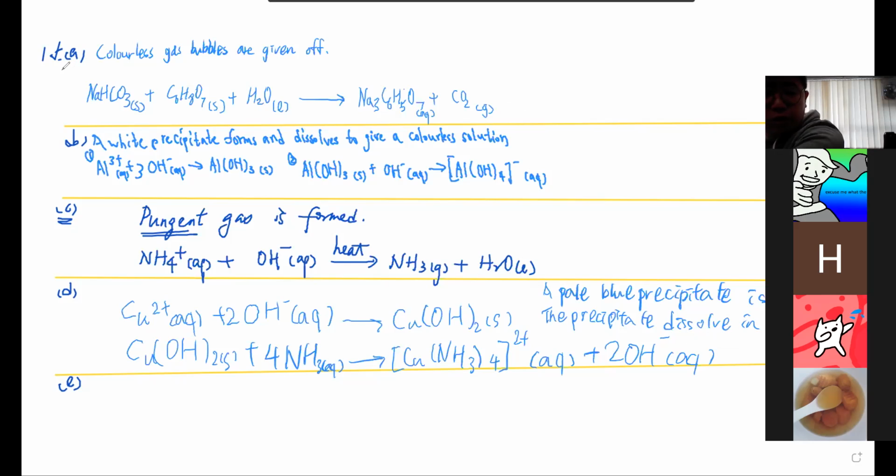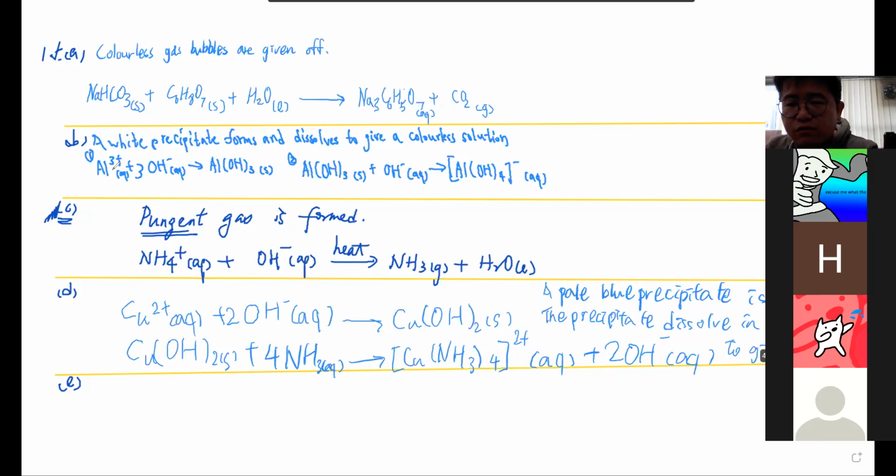Let's start with B, because B has finished. For B, a white precipitate is formed while it dissolves to give a colorless solution. Now, take a look at this. Tam Guan, you have to solve the problem.